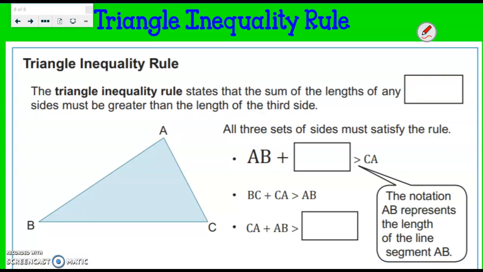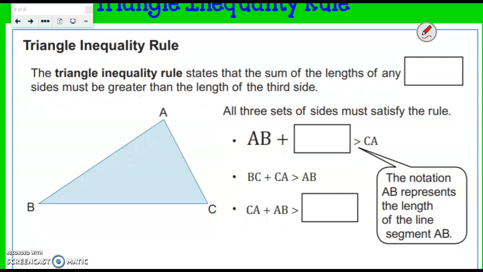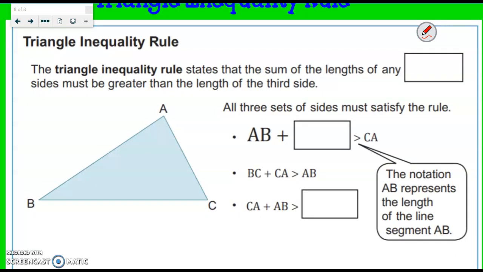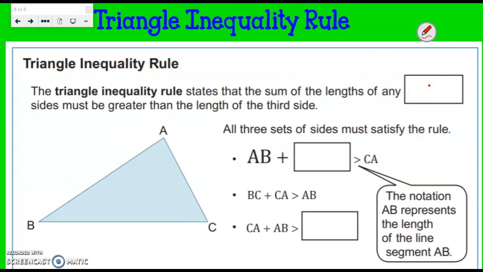Okay, so the triangle inequality rule again states that the sum of the lengths of any two sides must be greater than the length of the third side. So when we write it out like this, AB, that's saying this side right here between A and B. So AB plus BC has to be greater than CA.